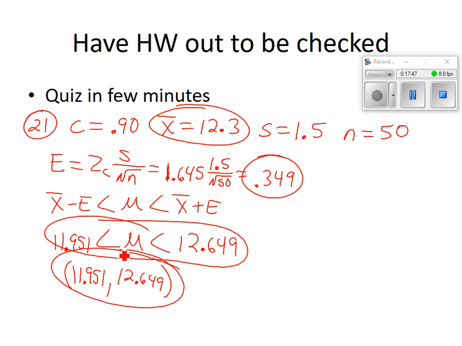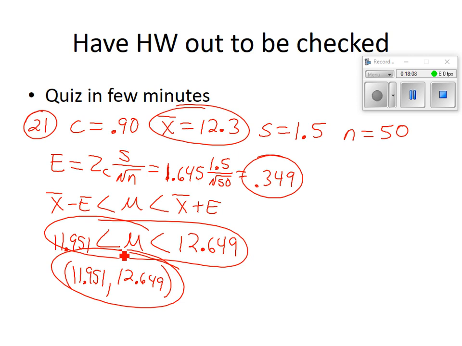They ask you for sigma first, the standard deviation, so 1.5, and then X bar. Then they ask for n, and that's 50.